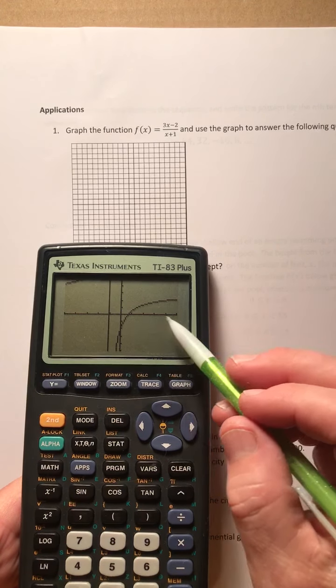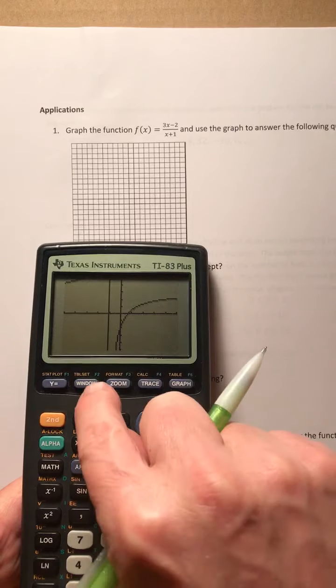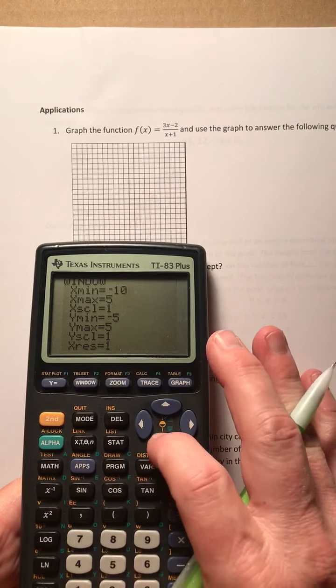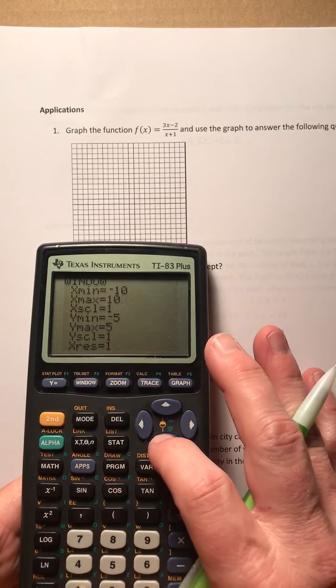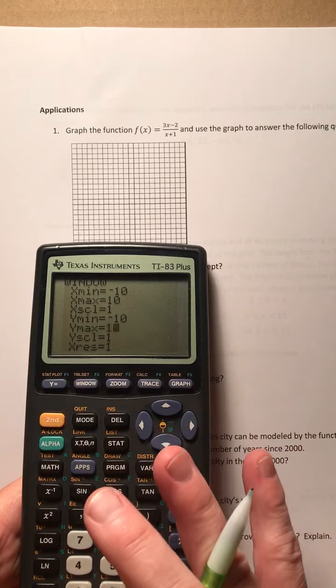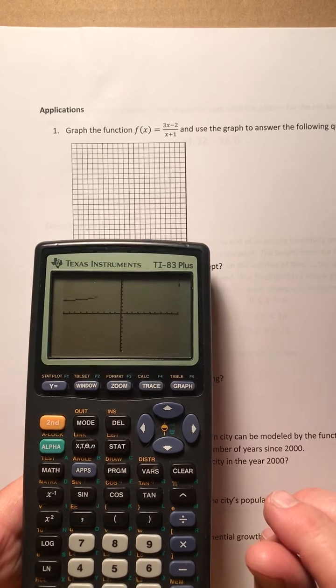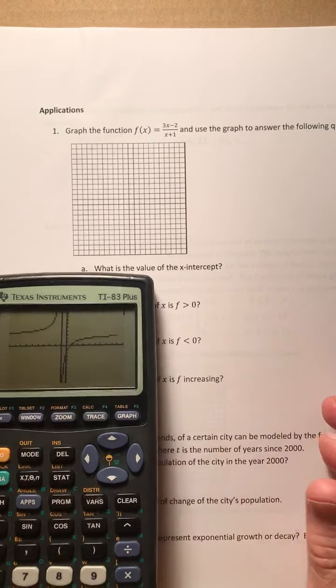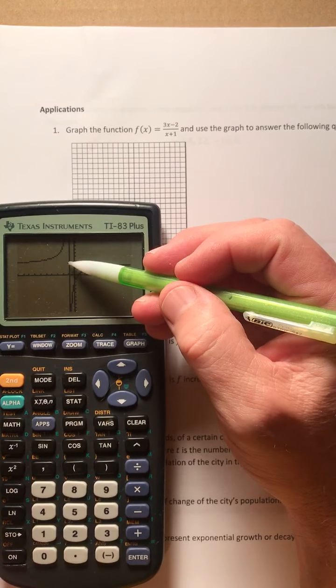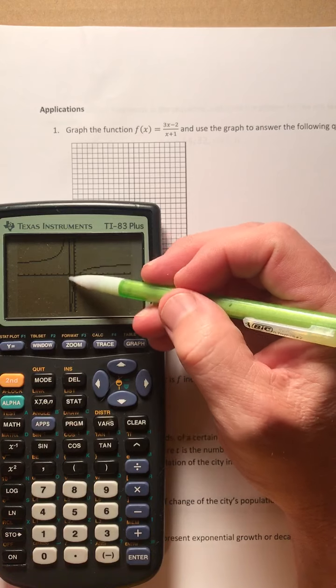I'm going to change my graph. It's at 5, so I'm going to move it up a little bit. So I'm going to go to negative 10, 10, negative 10, and 10, and then we'll graph it again. So that's what my graph looks like. Now, this line that goes straight up and down here, that doesn't count. That is not part of the graph.